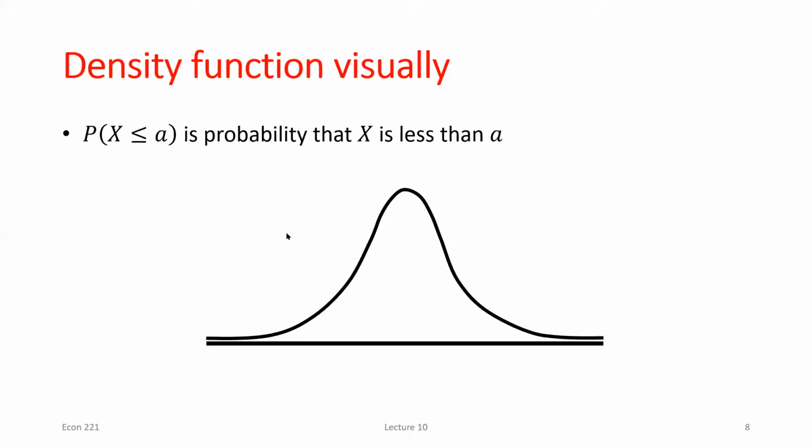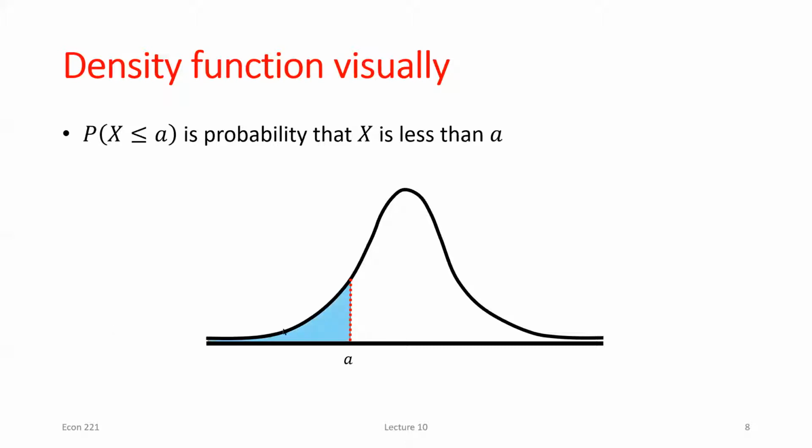So what if I wanted to find the probability that X is less than or equal to A? Well, I'd plot A here in my distribution. Once again, I could think about it as really, really small rectangles, infinitesimally small interval lengths that I could be adding up from A all the way down to wherever the distribution stops, the minimum.